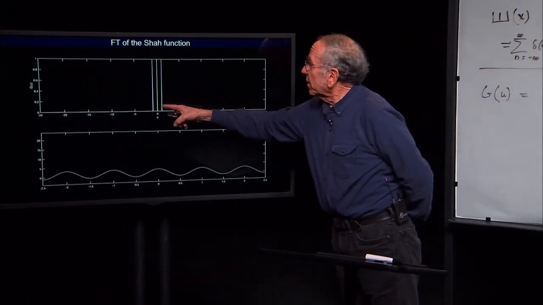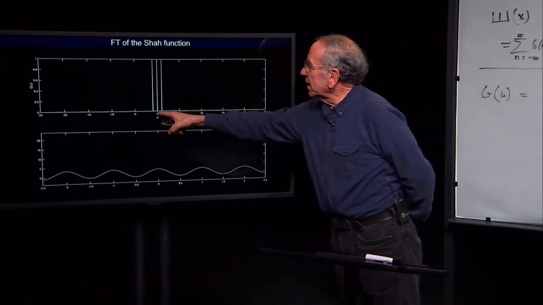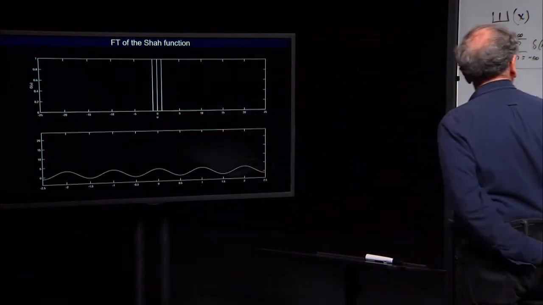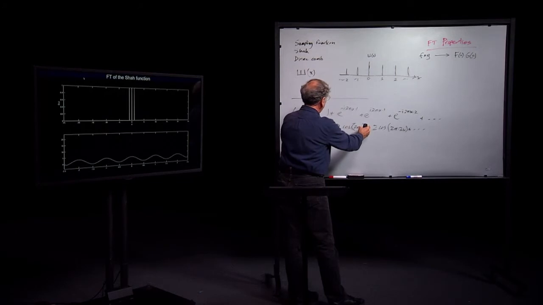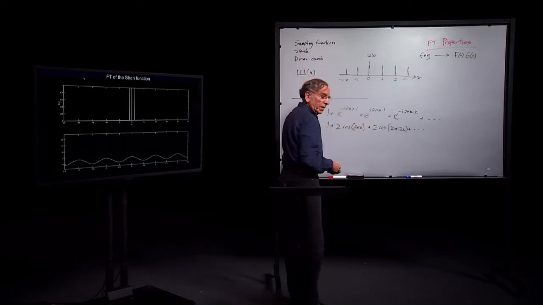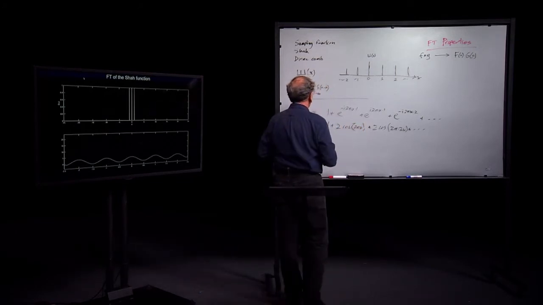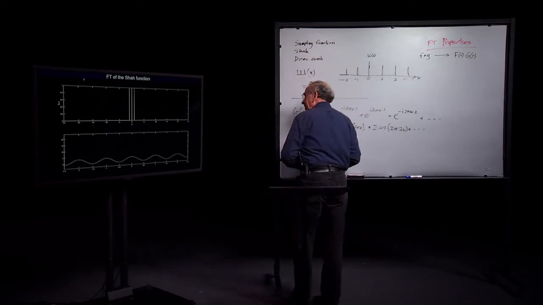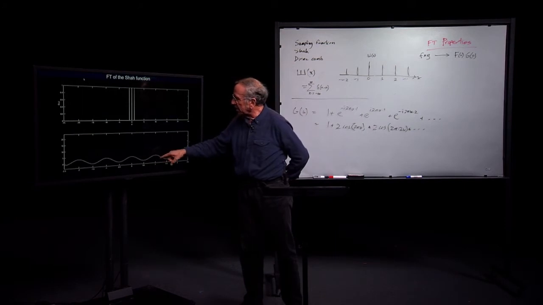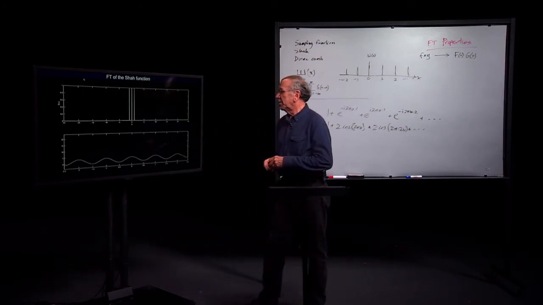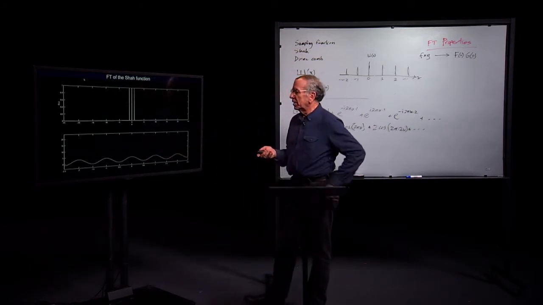So here are three delta functions, the delta function at 0 and at +1 and at -1. So I've just picked up this much of this infinite series of terms. And there it is. It's 1 plus 2 times the cosine, with the cosine having a period of 1 unit.